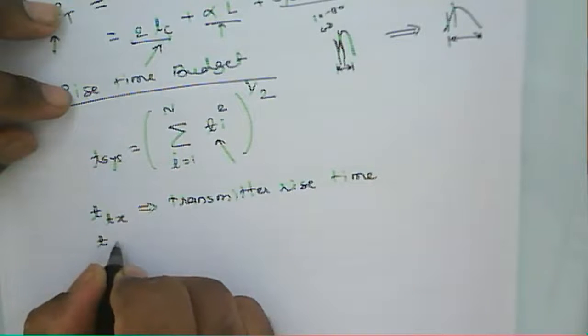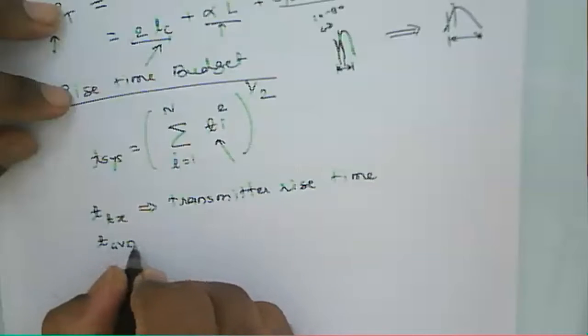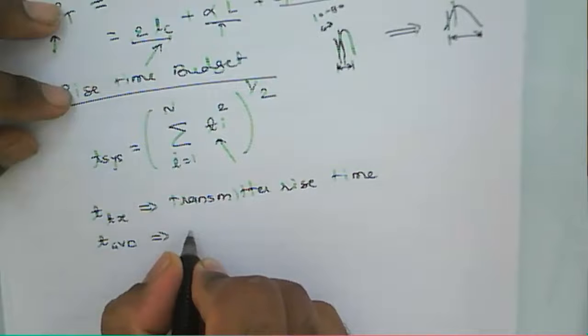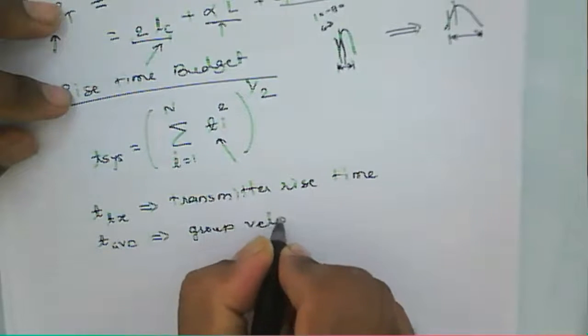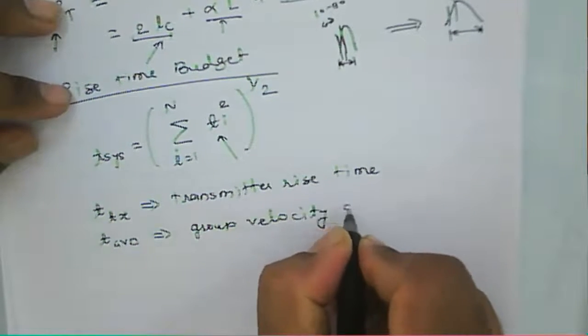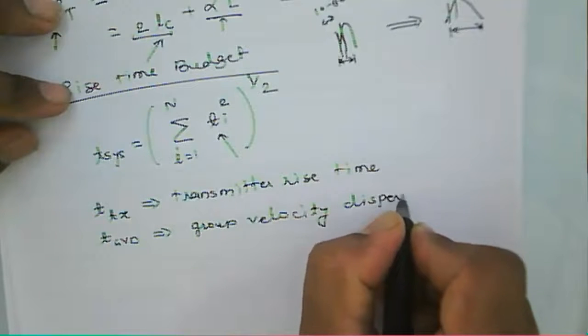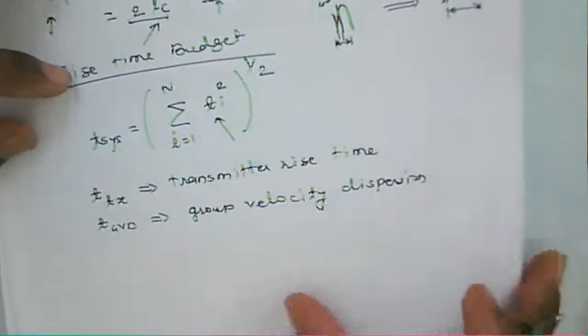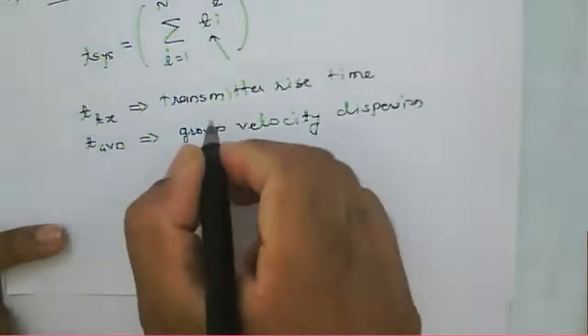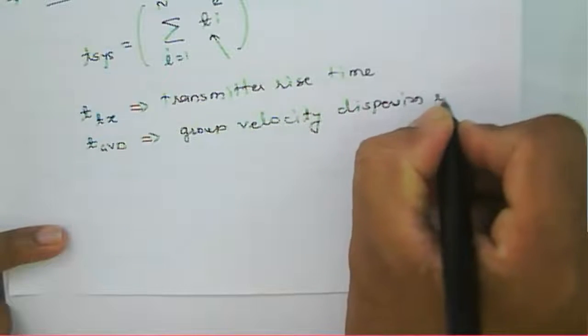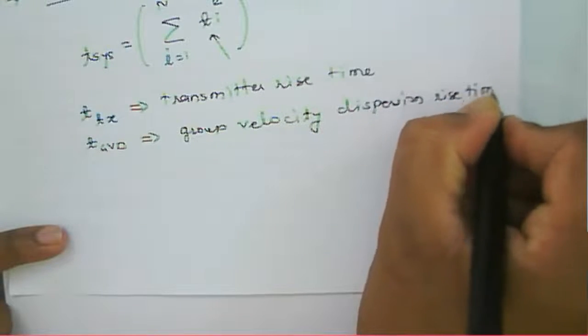Then we can talk about the group velocity dispersion, GVD, rise time: transmitter rise time, group velocity dispersion rise time.